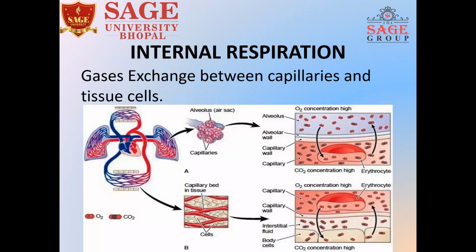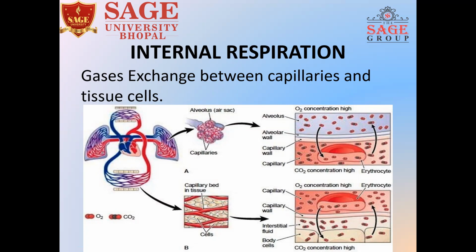The last phase is internal respiration. Here you can see the gases exchange between the capillaries and the tissue cells. The concentration of O2 is high in the blood capillaries, and the concentration of CO2 is high in the body tissues.